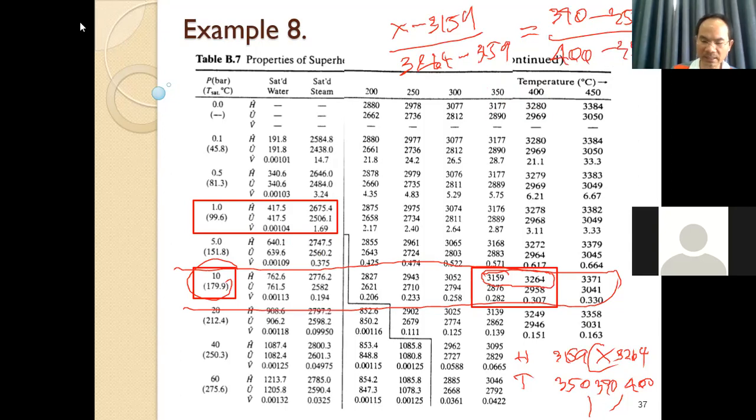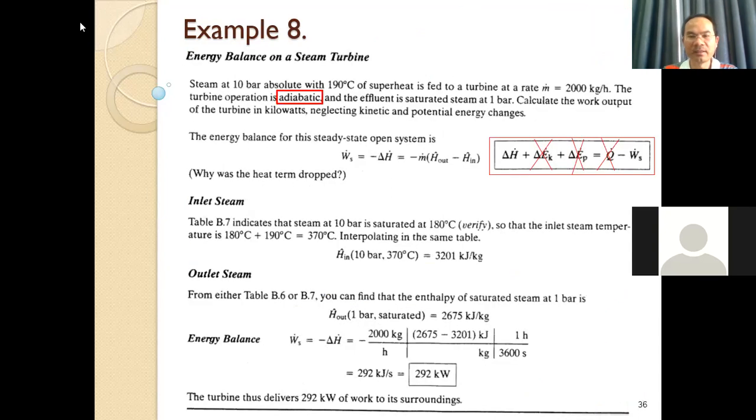From this you can calculate X. You can rearrange this equation and solve for X. This is interpolation based on a linear relationship, and then you can interpolate approximately.